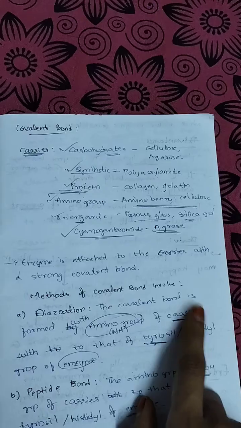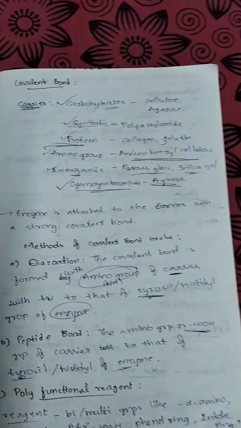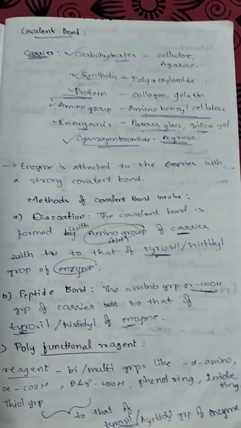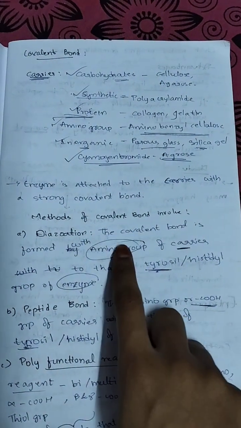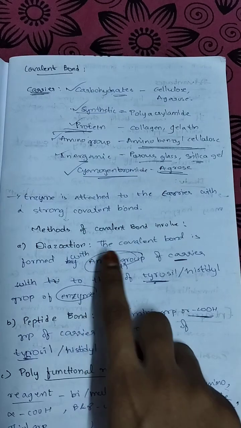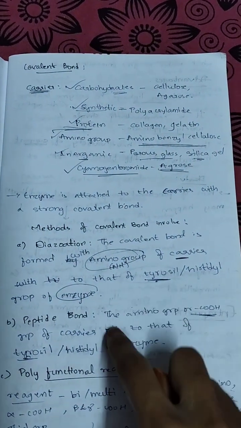The enzyme is attached to the carrier with the help of a covalent bond. In this also three processes are involved: diazotization, peptide bond, and polyfunctional reagent process. In diazotization, the amino group of the carrier is attached with the tyrosyl group of the enzyme.